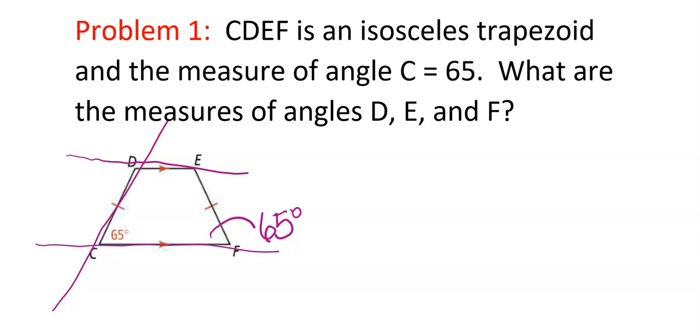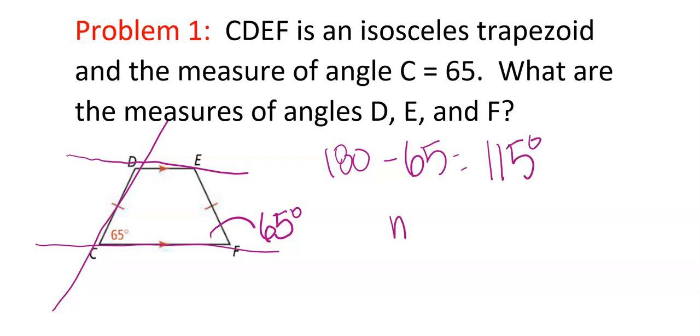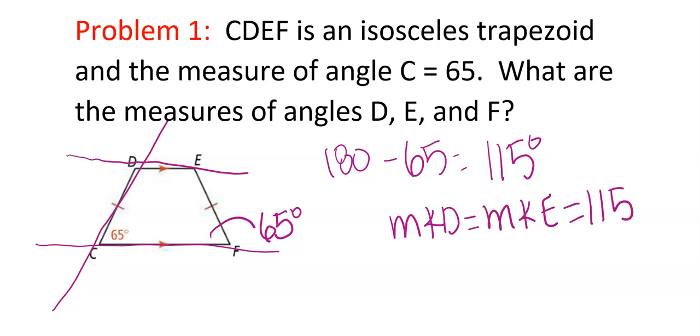And we already know that same side interior are 180. So we're going to take 180 and subtract 65, and that should give us both D and E, because D and E are the same. So what is that, 115? Measure of angle D and the measure of angle E equal 115.